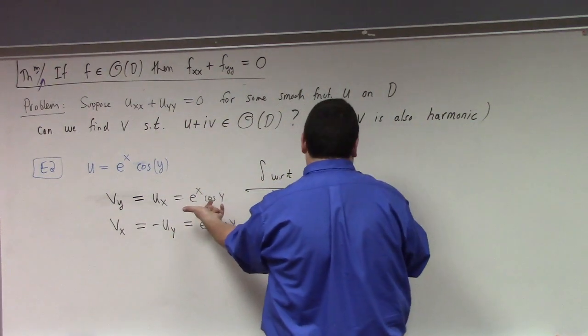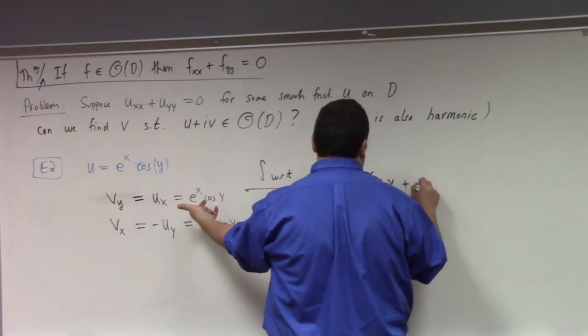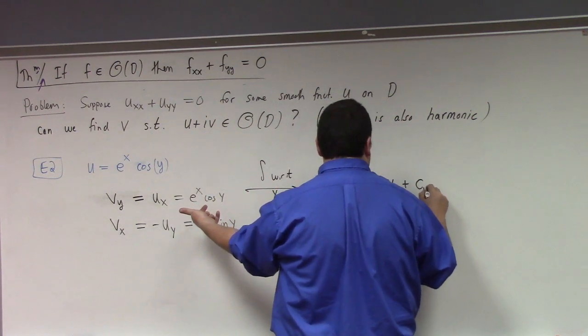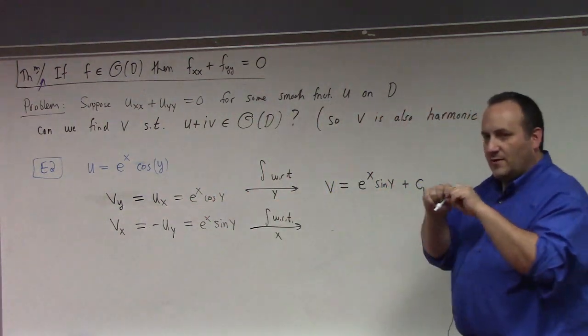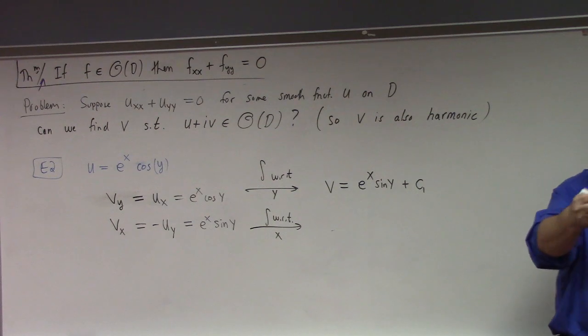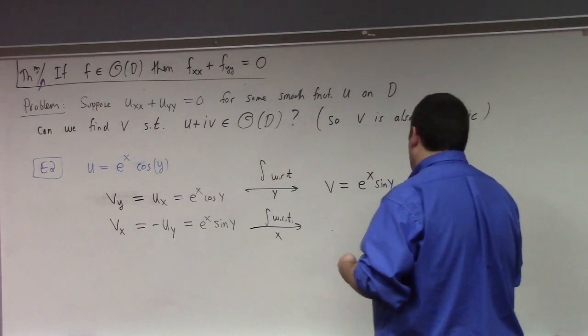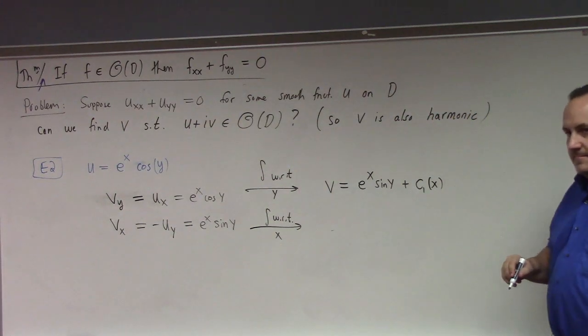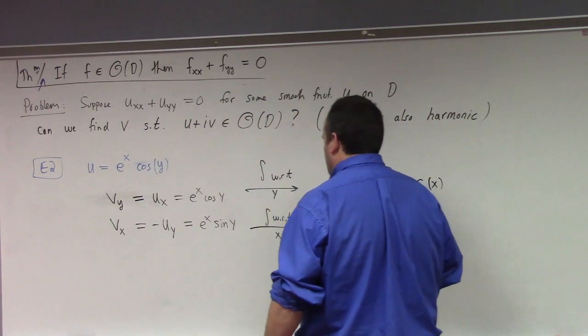Well, it is e to the x sine y. And then we have to add a constant. But our constant here is not a real constant. If we're integrating with respect to y while holding x fixed, our constant is in principle a function of x. So we write c1 of x there.